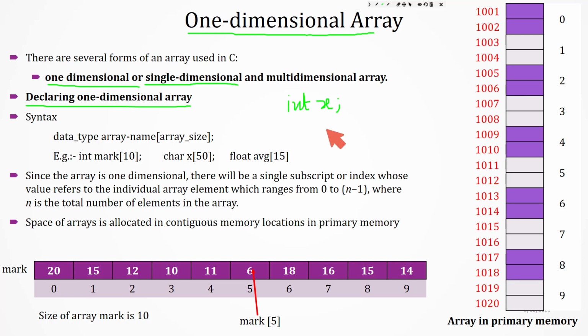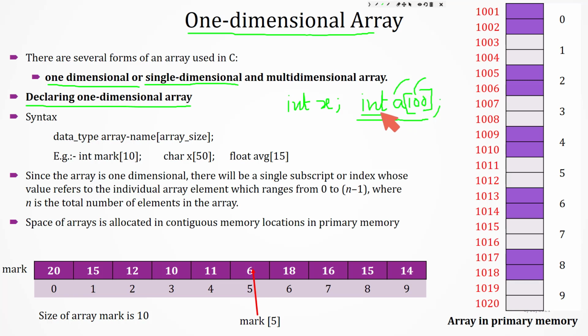So similar to that, while declaring an array, what you have to do is int A. If I want to store 100 elements, you put a square bracket, write 100 and put a semicolon. The meaning of this statement is A is an array, its size is 100, that means we can store 100 values, and here I have int, that means each is of type integer.